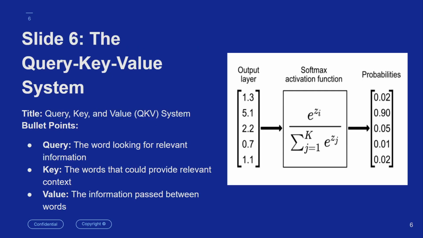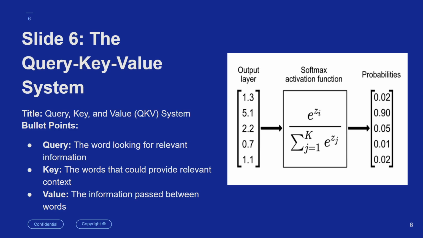Next, we'll be going into the query-key-value system. Self-attention is driven by the query, key, and value, or QKV, system. Each word in a sentence generates 3 vectors. The query represents what the word is searching for in the sentence.